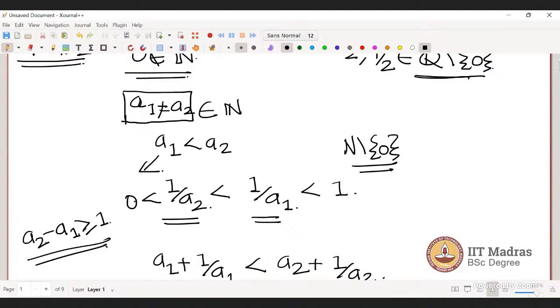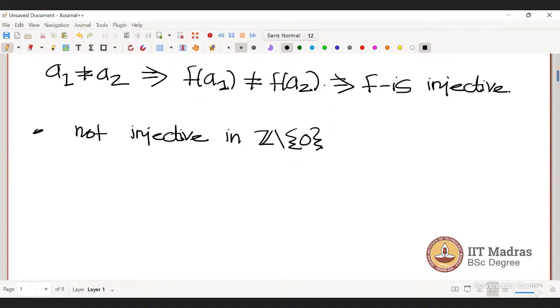So you can give the same argument, right? Yes, sir. So basically, you can pick two different numbers from this set.